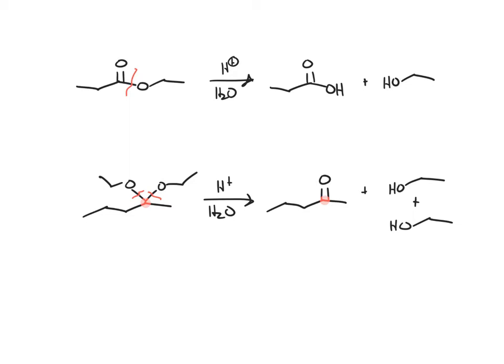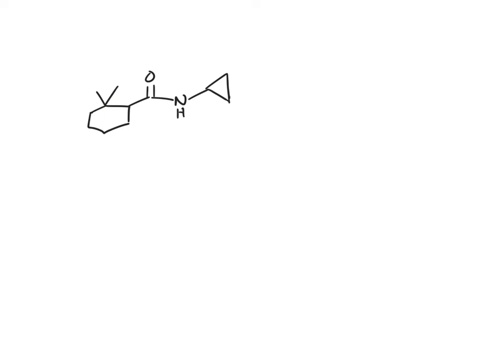So in class the other day we did, let's say we have this amide and we do the acidic hydrolysis. So you go through all of the mechanistic steps, but just as far as predicting the products goes, just like we did with the ester, this bond between the carbonyl and the nitrogen gets broken.